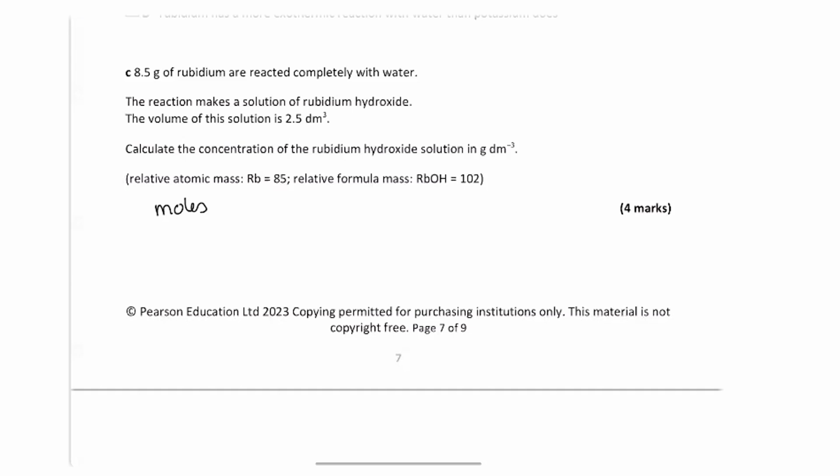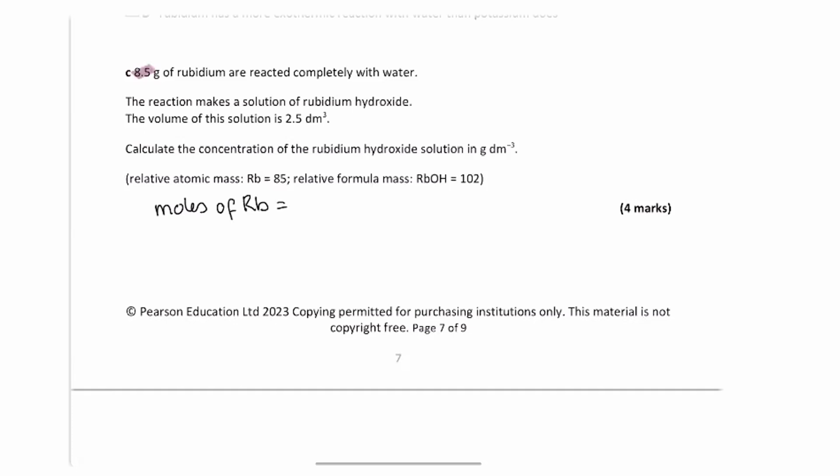And when I'm laying this out for the examiner, I'm going to make it really, really clear what I'm calculating the moles of, so they don't have to go back and hunt through my calculations, try and work it out. I'm going to make it very clear by writing down moles, so they know that is exactly what I'm doing. So the mass that we had is here.